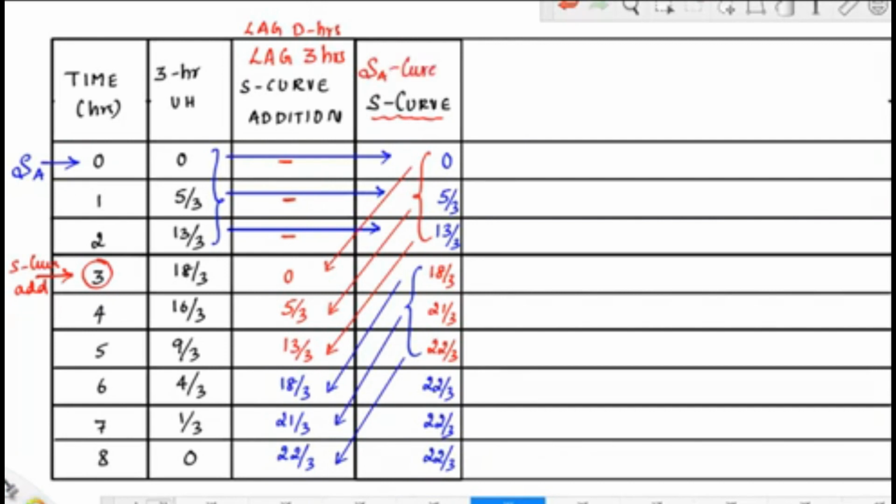Your next column should be the SB curve.